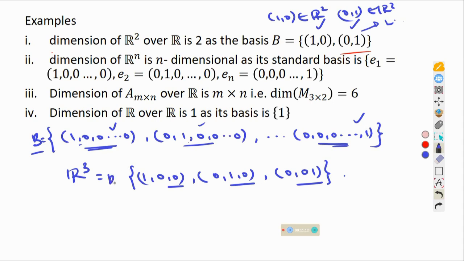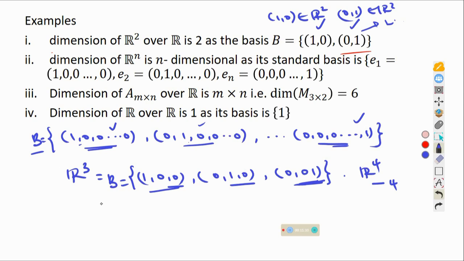The same applies for R4. The standard basis for R4 will contain 4 elements, of this nature: (1, 0, 0, 0), (0, 1, 0, 0), and so on. They will always satisfy the conditions for the basis. So that is R to the power 4.